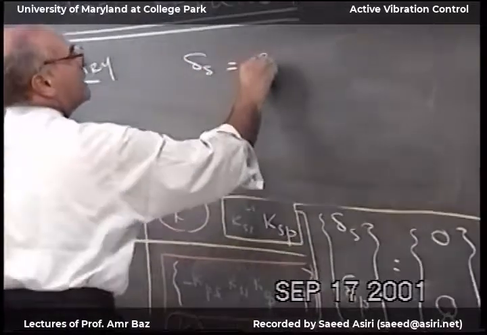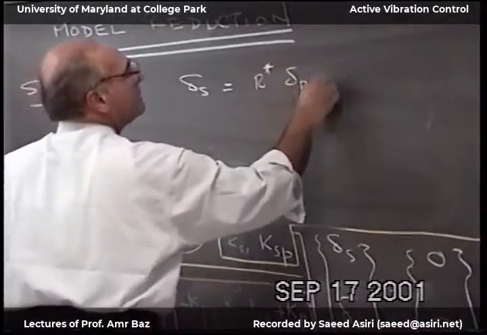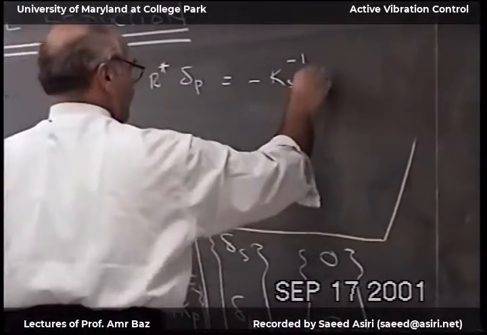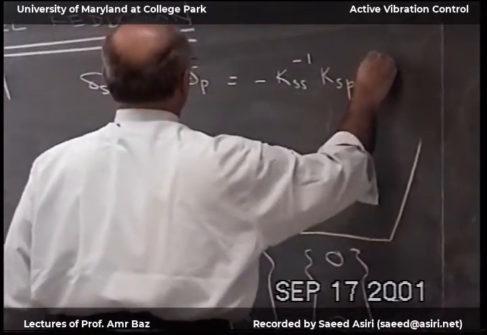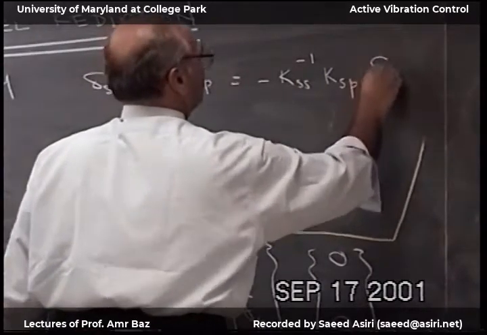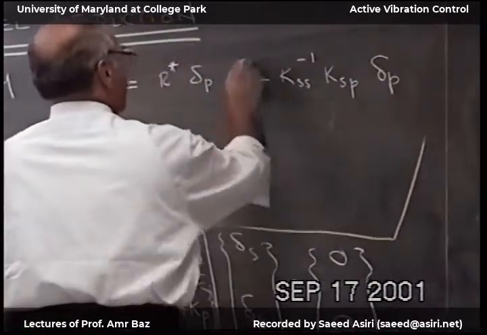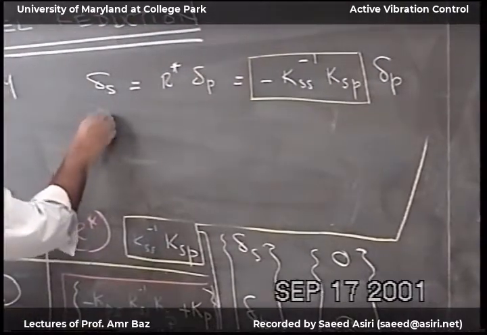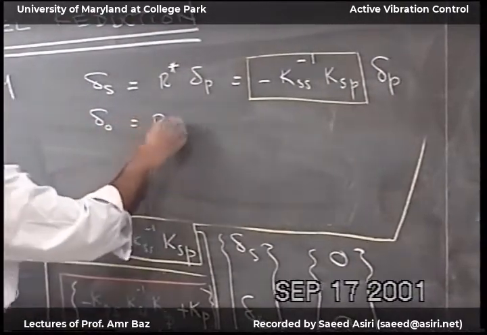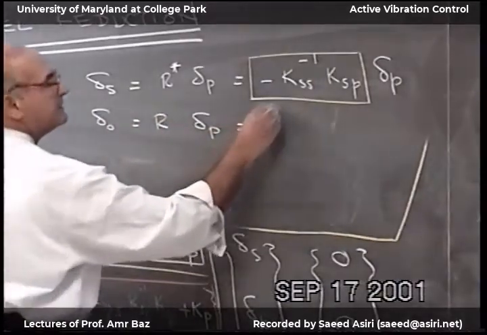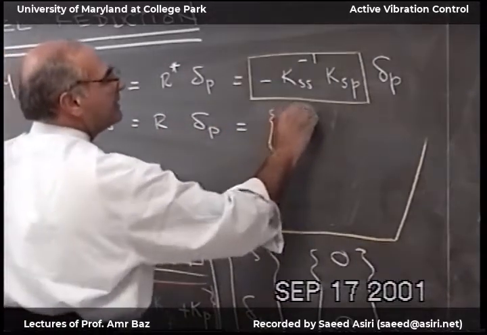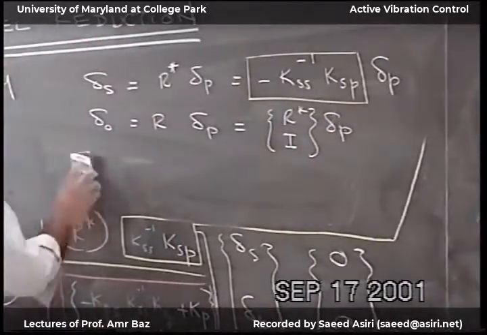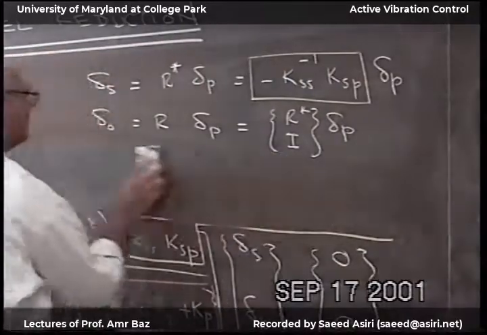Delta S is equal to R asterisk delta P, and this is equal to minus KSS inverse KSP delta P. And then delta 0 is equal to R delta P. And this is equal to R asterisk I delta P.